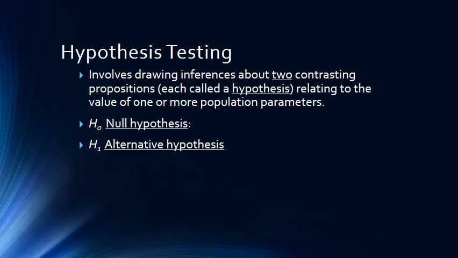Hypothesis testing involves drawing inference about two contrasting propositions, each called a hypothesis, and it relates to the value of one or more population parameters. An example is the average, or the mean, the variance as well. So we have H0, which is the null hypothesis, and H1, which is the alternate hypothesis.